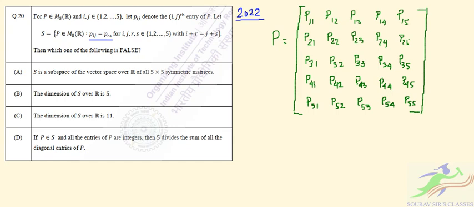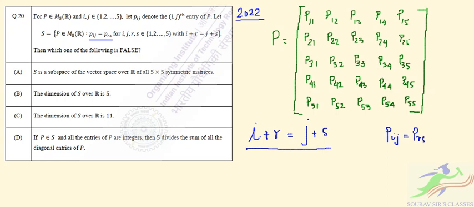Right. So here we have a condition. The condition is given this way: i plus r is equal to j plus s, where P(i,j) is equal to P(r,s). So whatever the elements in P, they correspond to elements in S if this condition is satisfied.